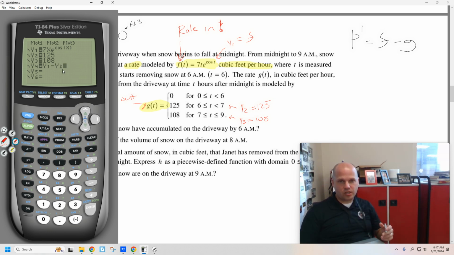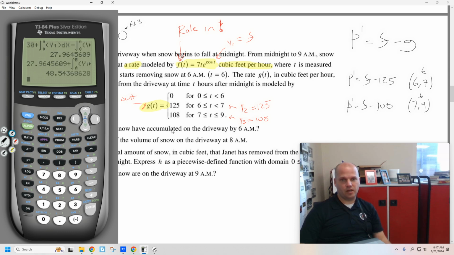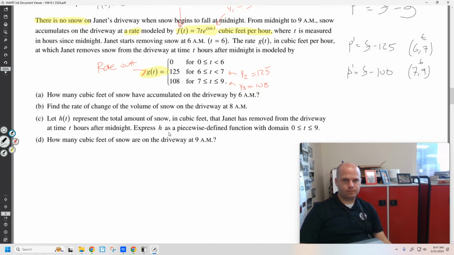This is only going to be from 6 to 7. And then y1 minus y3 is only going to be from 7 to 9, those times. If you wanted to have these, you could. But I'm going to show you that you don't have to unless you want to do a sign analysis. I'm not going to graph it. I'm just going to have everything in there just to accumulate easier.